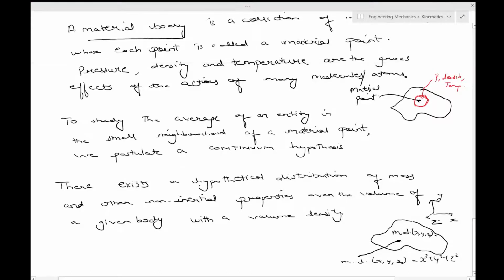And what is the postulate? The postulate is not that it is there in reality, but that it is to exist. We have to assume that such a mass density exists, mass distribution exists, and not just the mass distribution, it can be any other non-inertial property as well. So mass, as you know, is associated with inertia. Now can you think of an example?